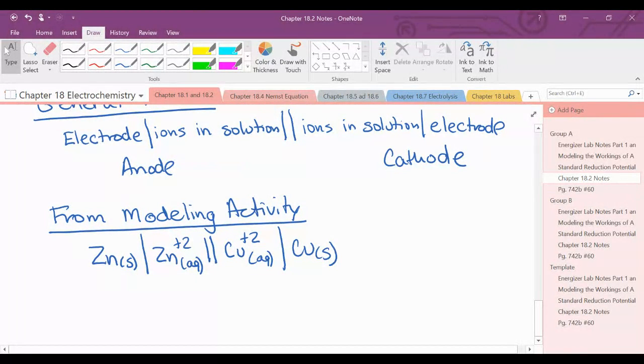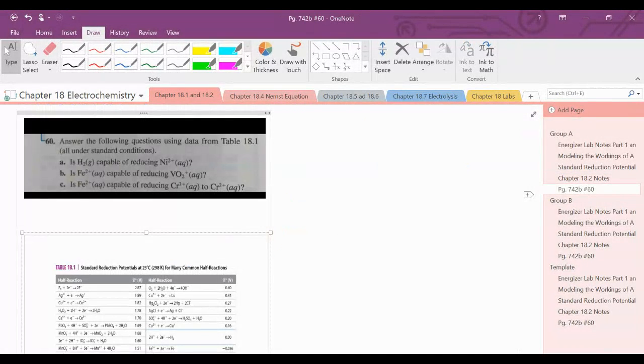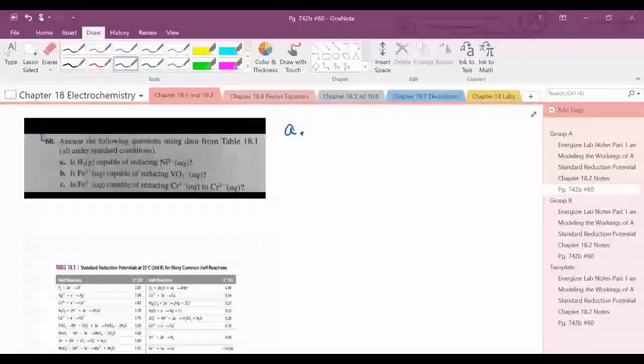What we're going to do now is some practice on page 742, number 60. Answer the following questions using data from table 18.1, all under the standard conditions we talked about. Is hydrogen gas capable of reducing nickel 2 plus? If so, the hydrogen gas would be undergoing oxidation because it's the reducing agent, and nickel 2 plus would be undergoing reduction.